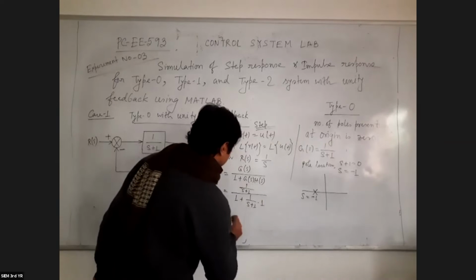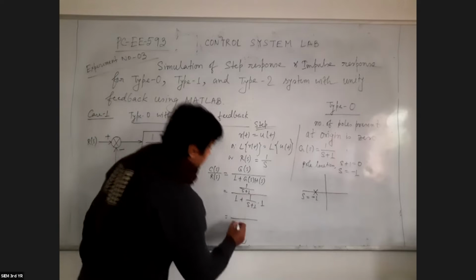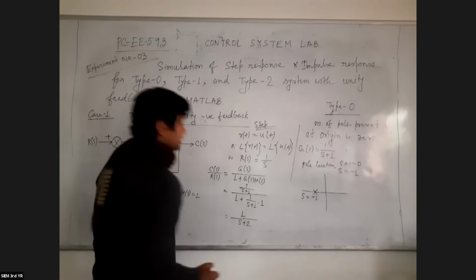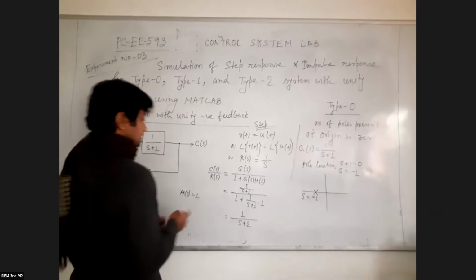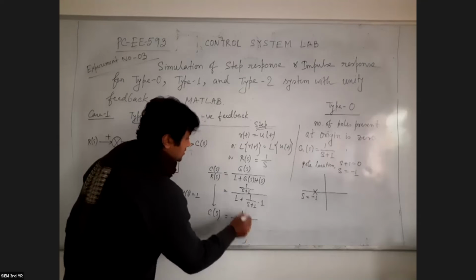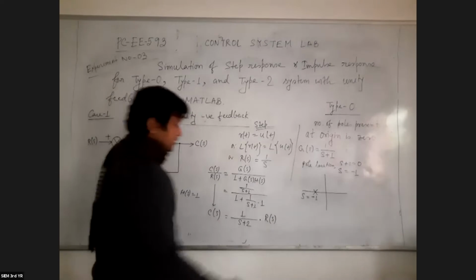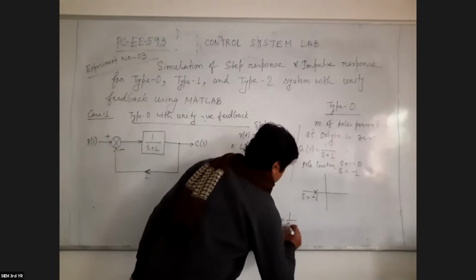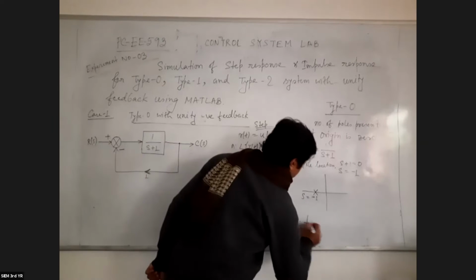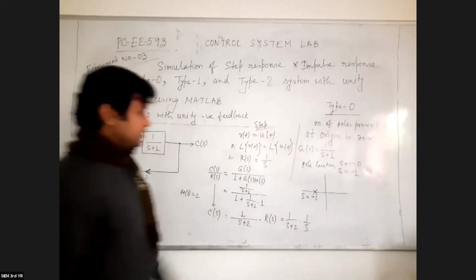If you calculate this, you get s plus 1, s plus 1 plus 1, so s plus 2, and s plus 1 cancels out. So 1 by s plus 2. That means C(s) will be 1 by s plus 2 into R(s), and R(s) is 1 by s.